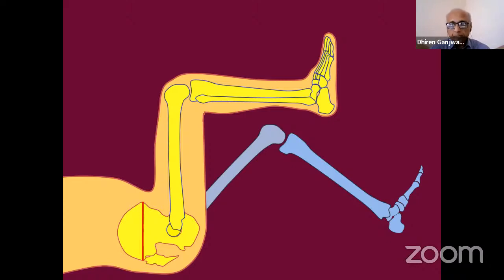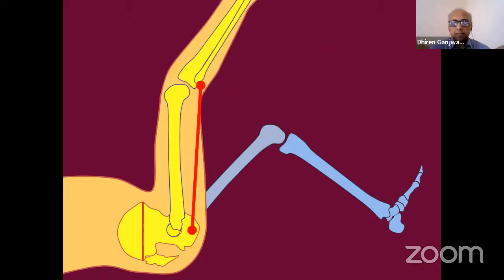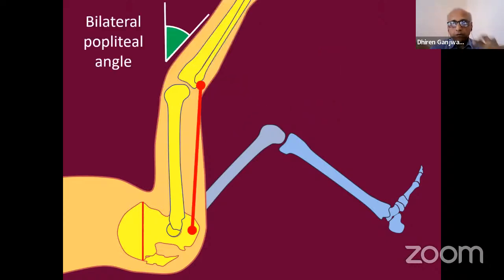So the opposite hip is flexed, but the most important thing is that we have to look at that now the pelvis is in a neutral position. After that, we carry out a popliteal test like this, and whatever popliteal angle we get is called the bilateral popliteal angle.